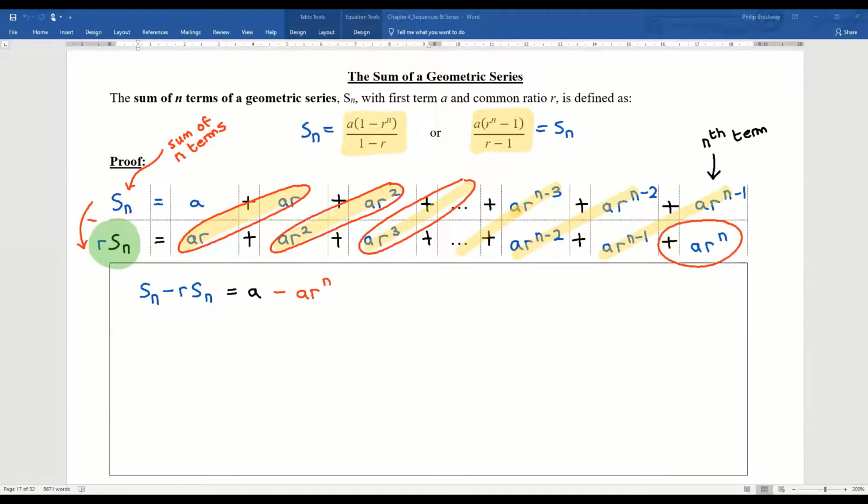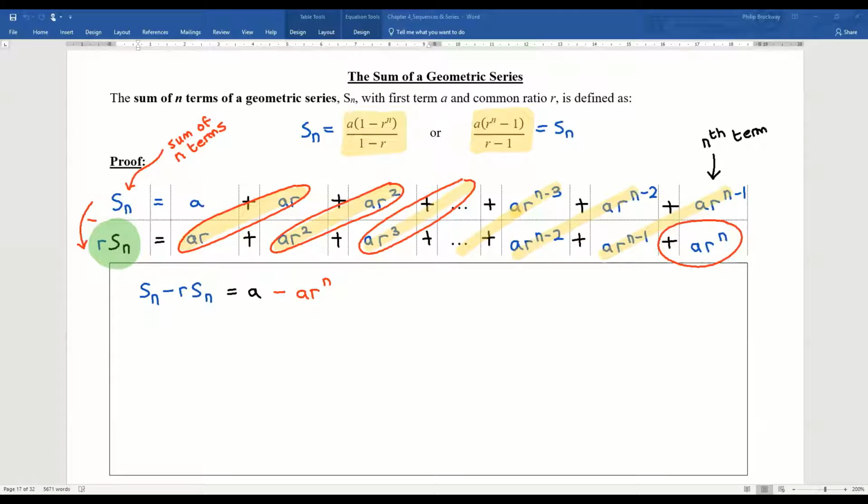Now, please just take that step in for a second and make sure you're happy with it. So just look at all the cancellation. ar subtract ar, gone. ar squared subtract ar squared, gone. All the way down. But there's nothing to match up ar to the n, and it's because it's in the second row, it's going to be subtracted from the first row.